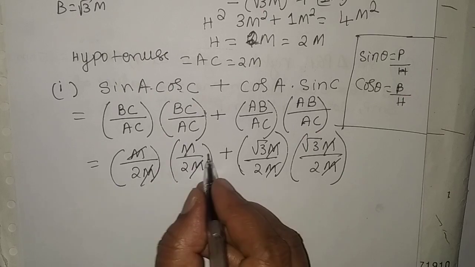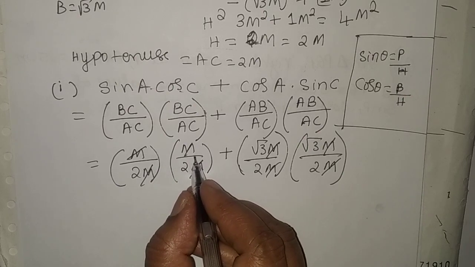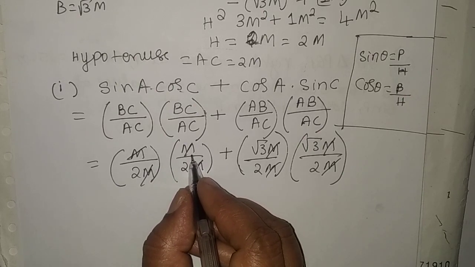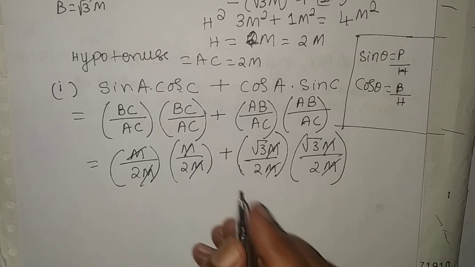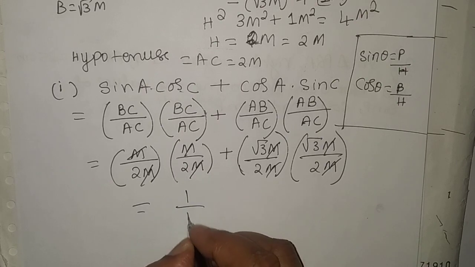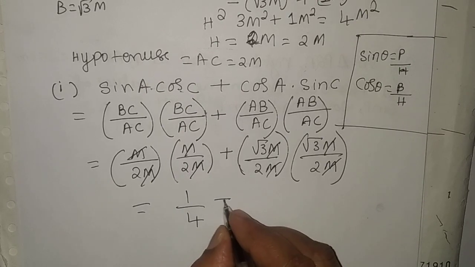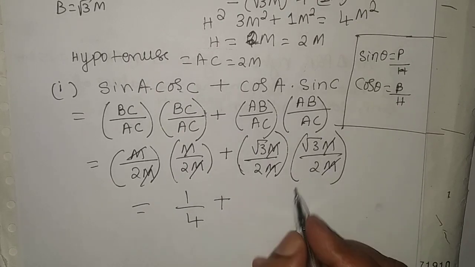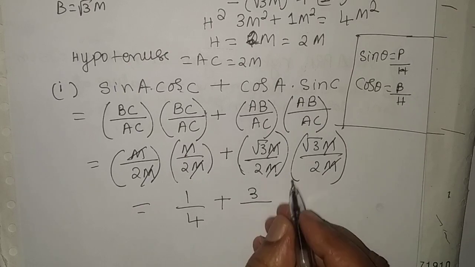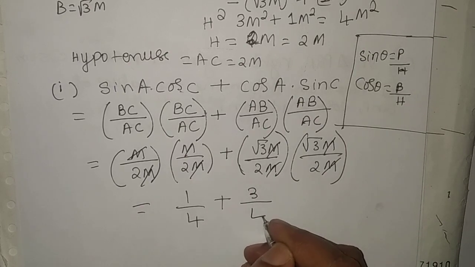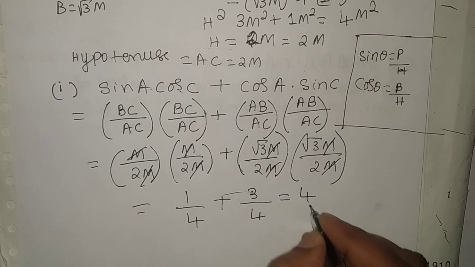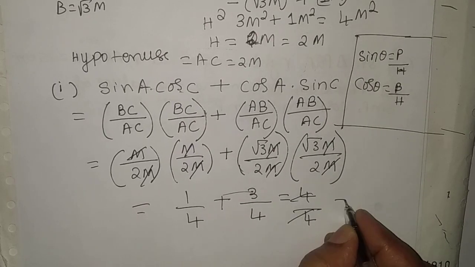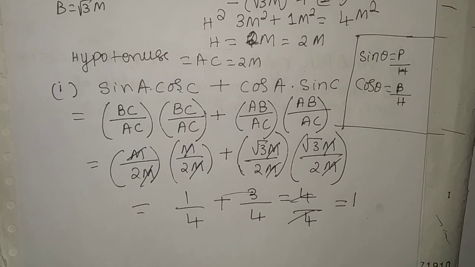So finally we get 1 by 4 plus root 3 into root 3 is 3, and 2 into 2 is 4. So 3 plus 1 is 4, 4 by 4 is 1. We are getting the answer as 1.